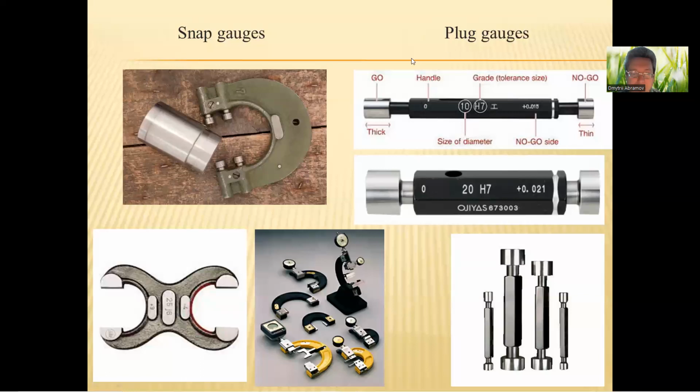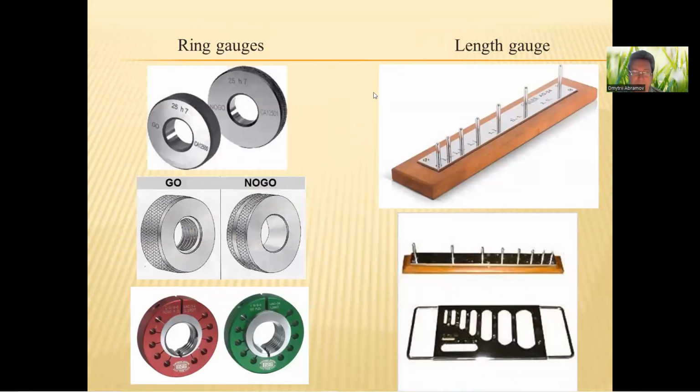And we continue. On this slide, you can see ring gauges: go ring gauge and no go ring gauge. It's a ring gauge for the thread. And lens gauge.